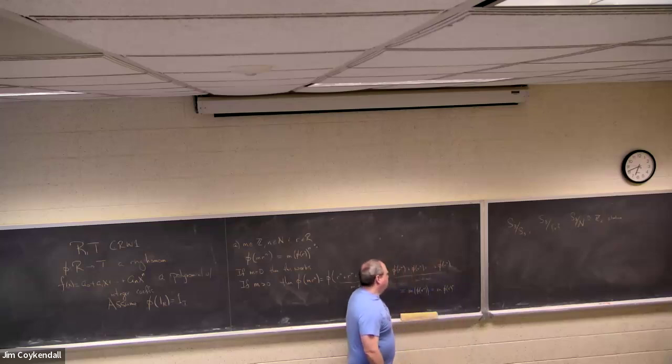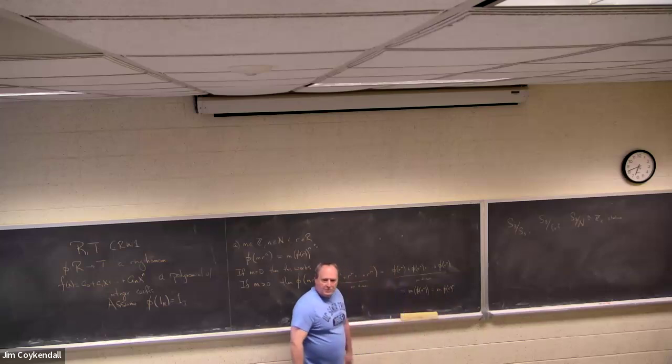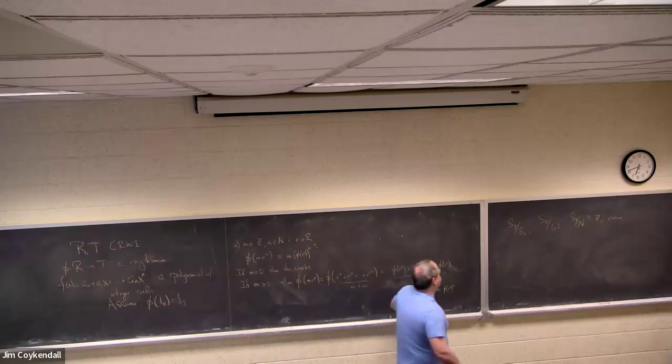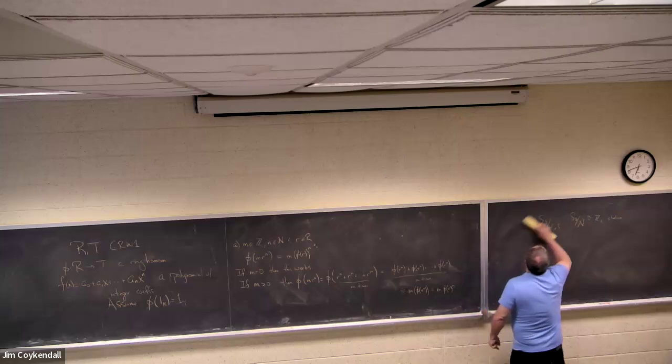And this last step again is the fact that phi is a homomorphism on R. So what do you suppose happens if m is negative?